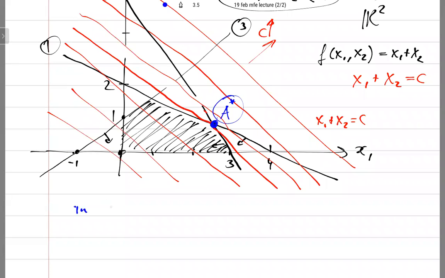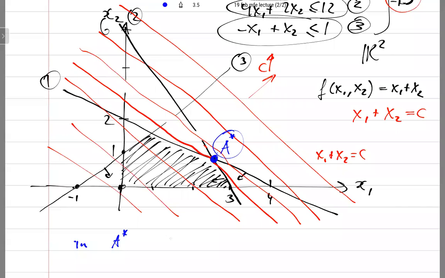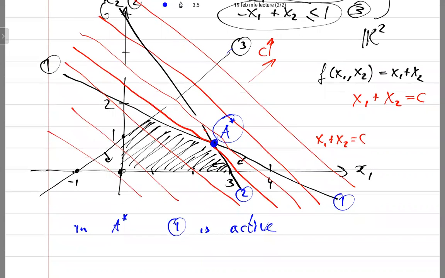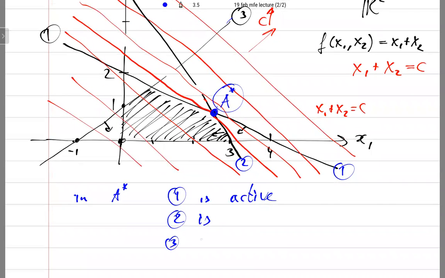And at the optimal point, we see from the plot that constraint 1 is active. So this is constraint 1, this is constraint 2, this is constraint 3.